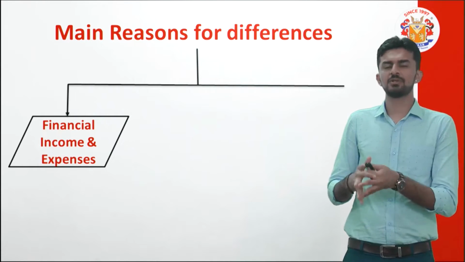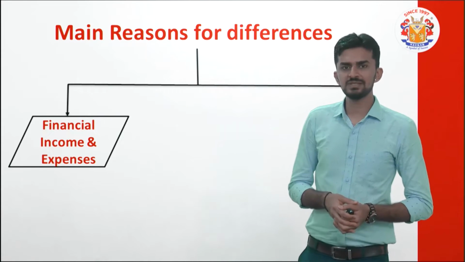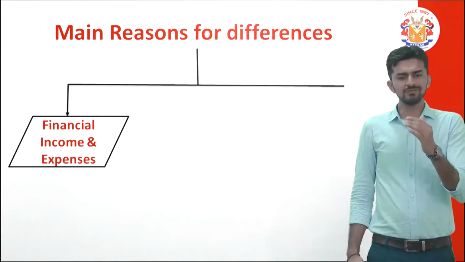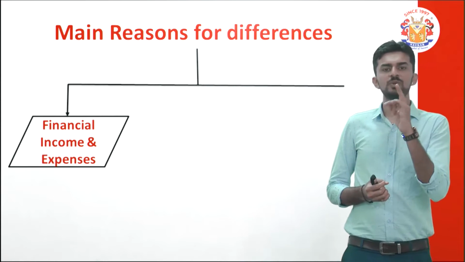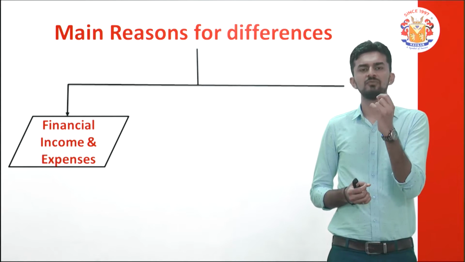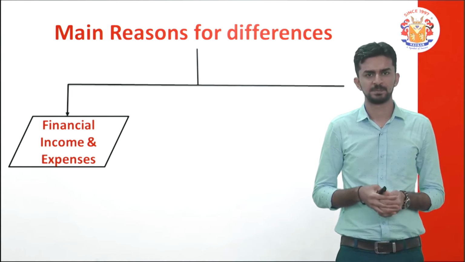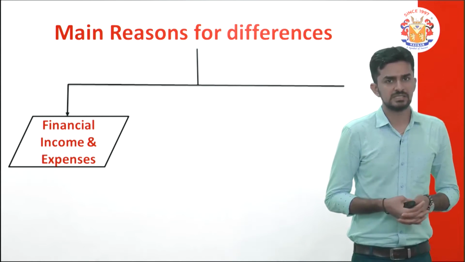Now, for this chapter, our point is, let's say in a company, we have profit on sale of fixed asset rupees 1 lakh. What will be the impact of it? Your financial accounting will record profit from fixed assets 1 lakh on the credit side of its P&L account. As a result, its profit will increase.